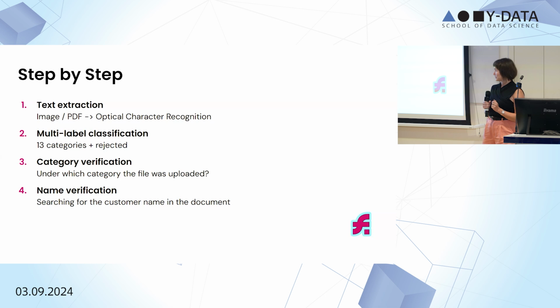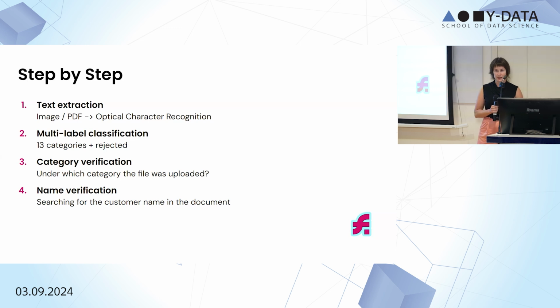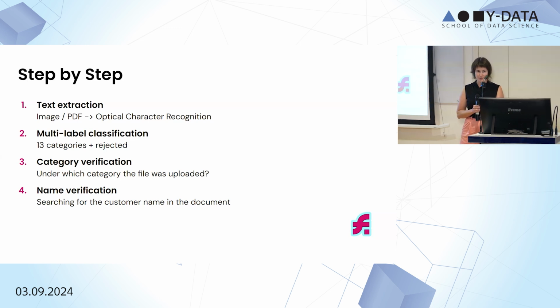Now, when we talk about automation, how do we do that? So there are 4 very small and clear steps. First of all, we have the document as a picture, but we don't want the picture, we want the text of the document, right? So we want to extract the text from the document and use it. Then we need to figure out which document we're actually working with, if it's a rental contract, or if it's a water bill, or if it's a bank slip.